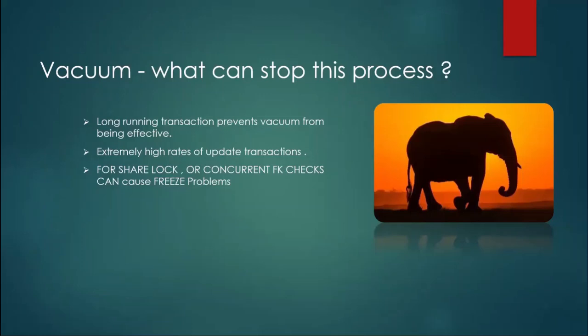The next thing is if a high amount of update operations is happening on our system, those particular transactions might not be included in the vacuuming operation if they are frequently updated without any controlled commit block.